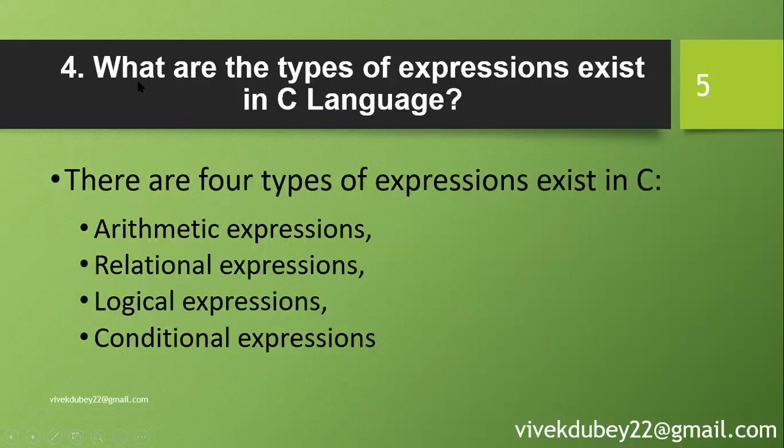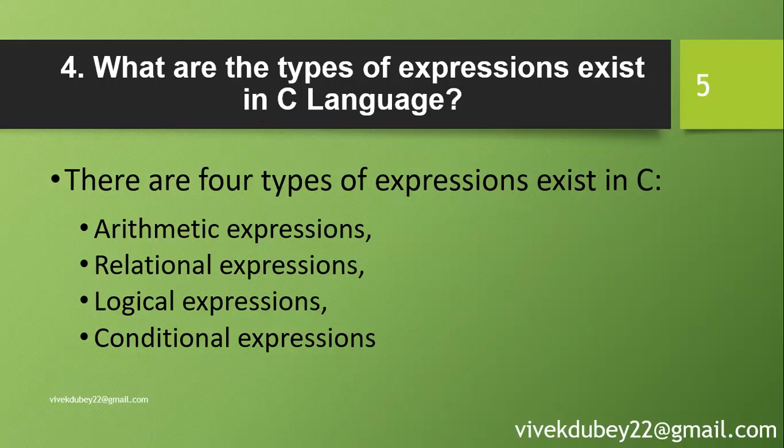Now question 4: what are the types of expression that exist in C language? तो C language में कौन कौन से टाइप के expression होते हैं? So there are mainly 4 types of expression in C language. First is the arithmetic expression, relational expression, logical expression, conditional expression.